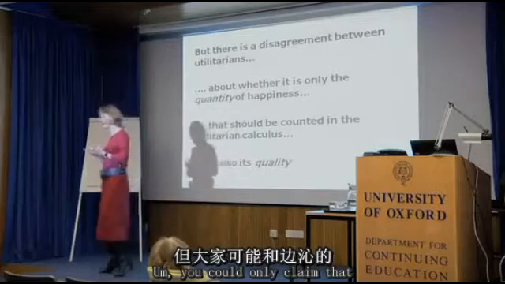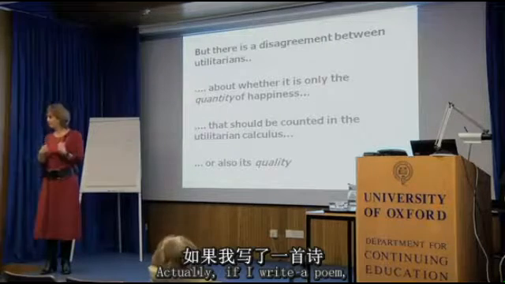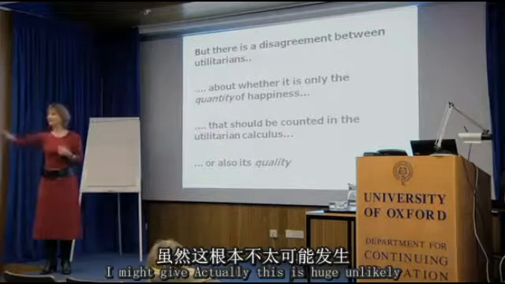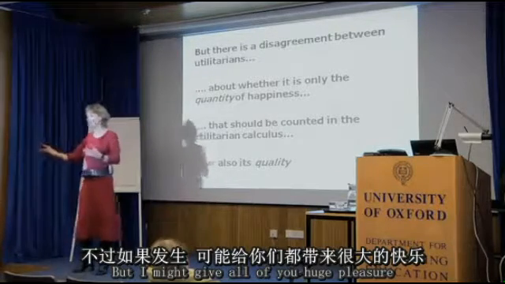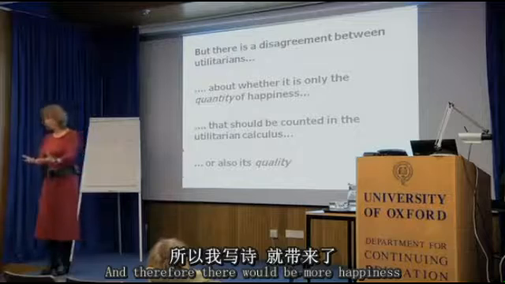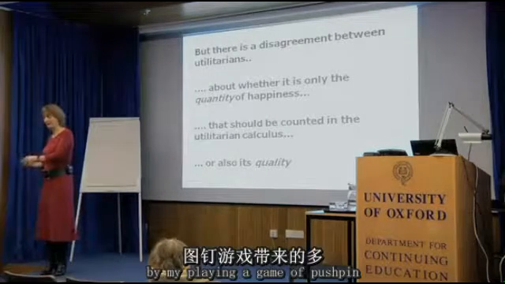You could only claim that poetry was better from Bentham's point of view by saying, actually, if I write a poem, I might give, and this is hugely unlikely, all of you huge pleasure, and therefore there would be more happiness caused by my writing a poem than by my playing a game of pushpin.